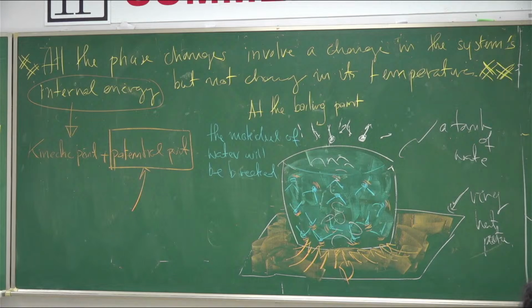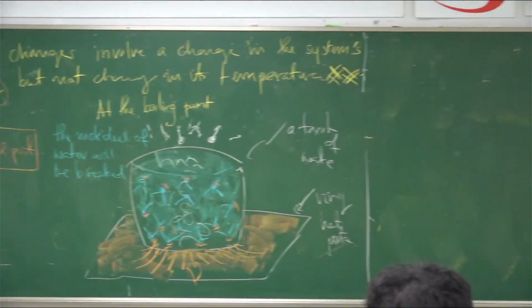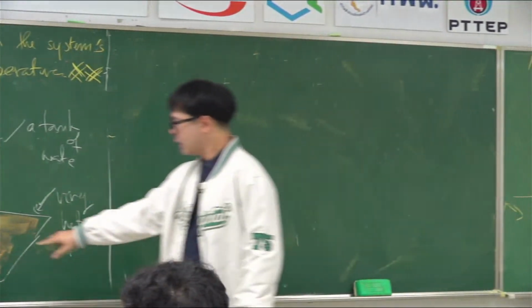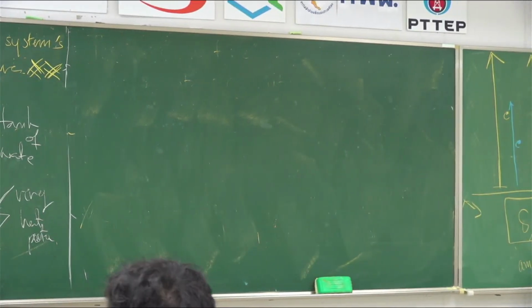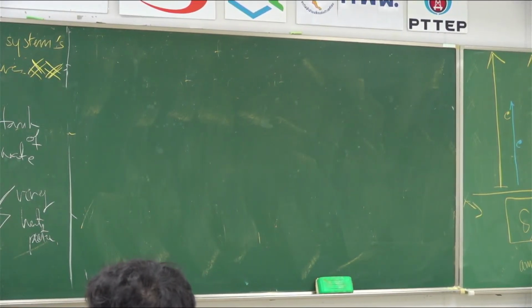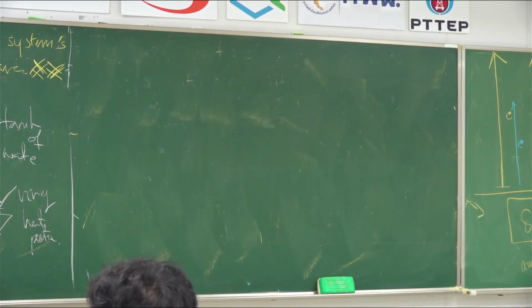But I have a question. Do you know why we have a bubble here when you boil the water in this way? You start to get a bubble at the bottom, not from the side. Why is that? Do you know?